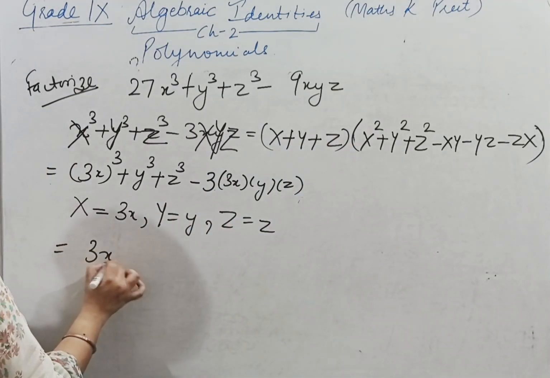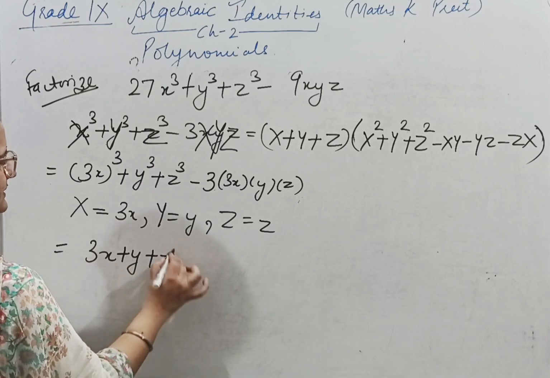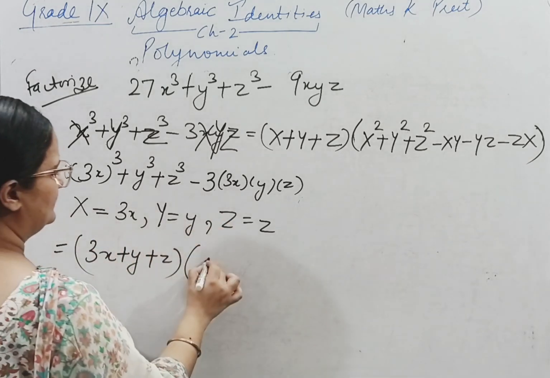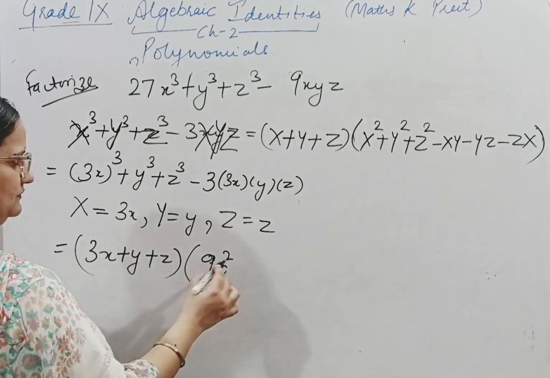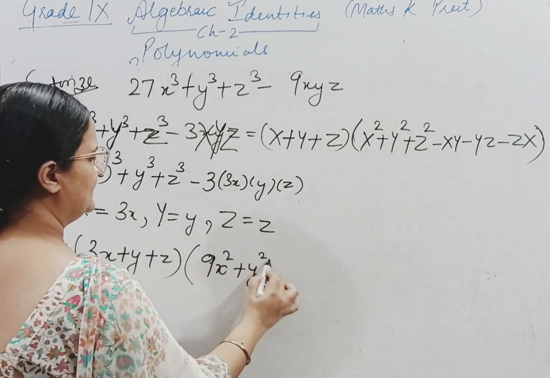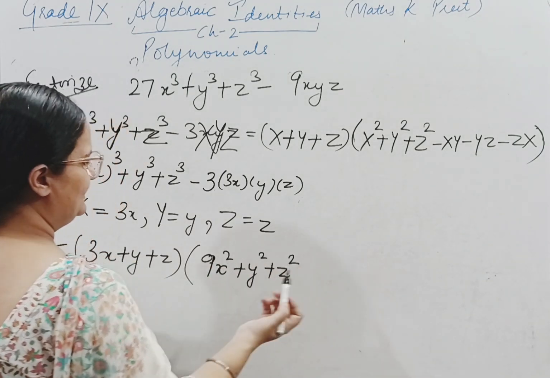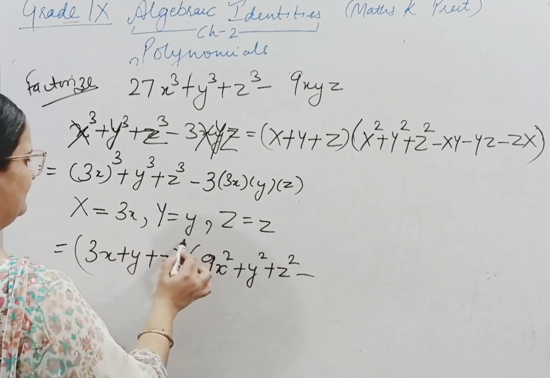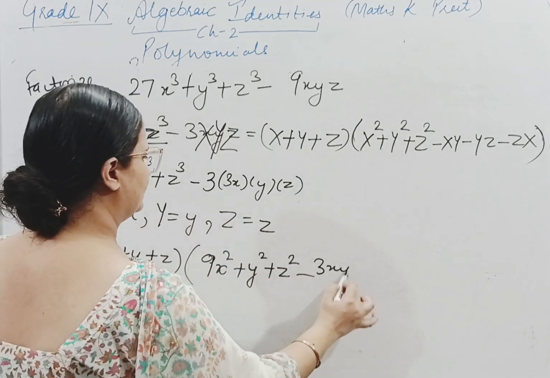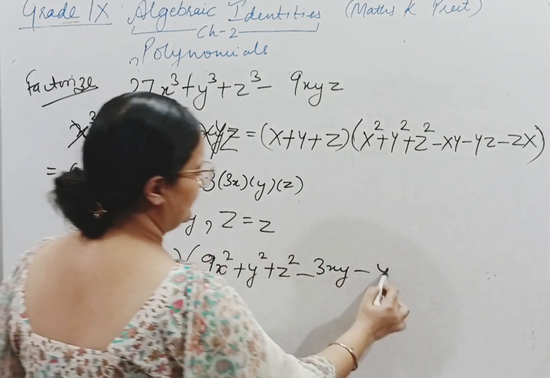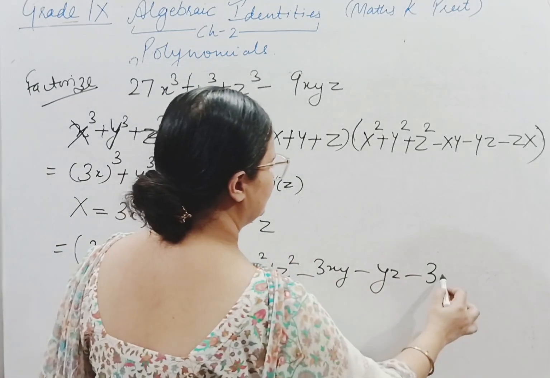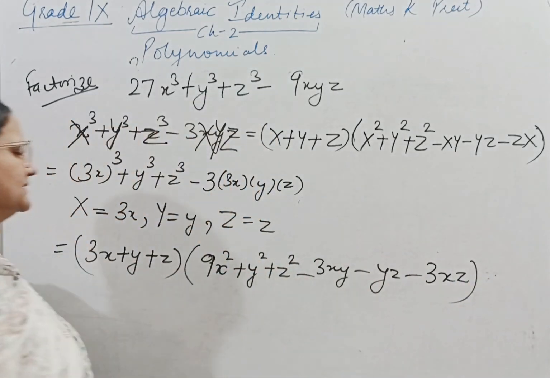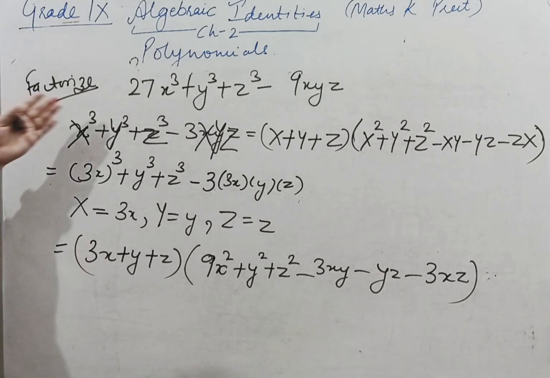So I am getting (3x plus y plus z) and (3x) square will give me 9x square plus y square plus z square as it is, minus XY means minus 3xy, minus YZ means simply yz, minus ZX means minus 3zx or xz. So this is my answer for this expression.